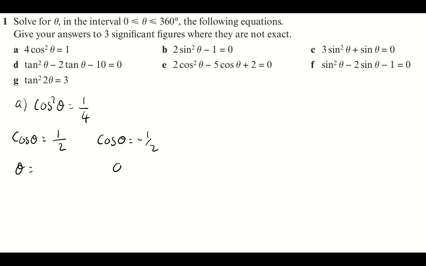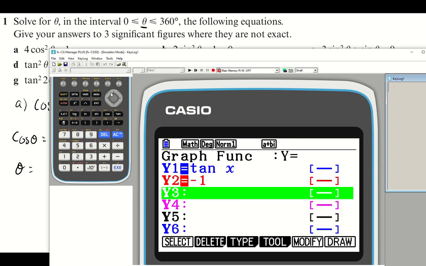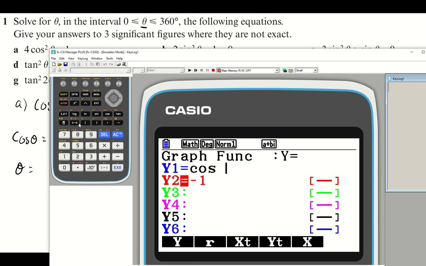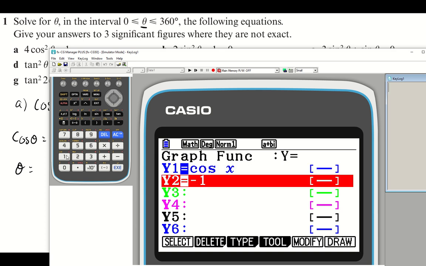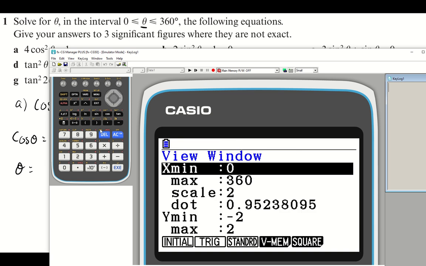Now what we have to do is put each of these in our calculator. Theta does match the theta in the question. So we can say cos x is a half. My view window, is it good? 0, 360, 0, 360.